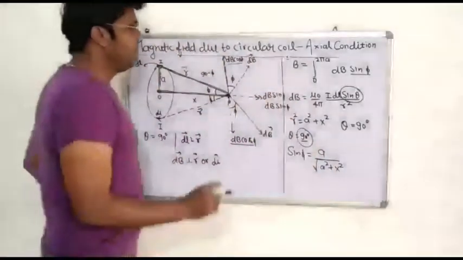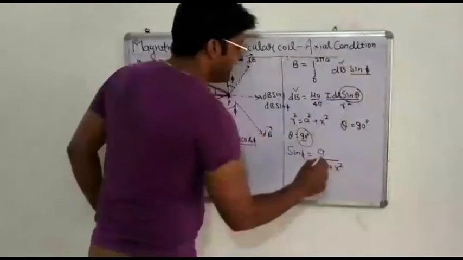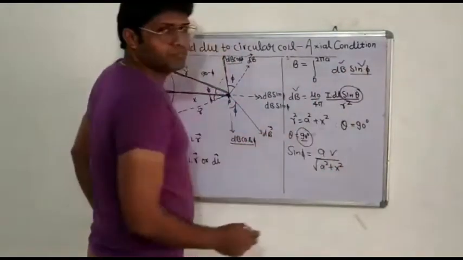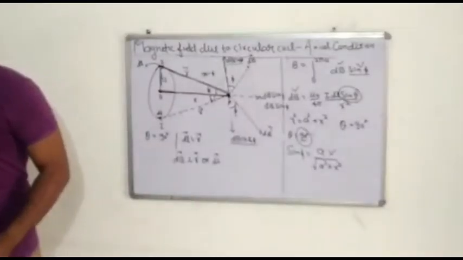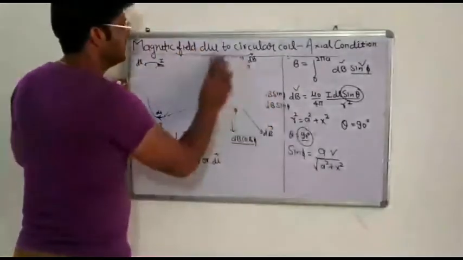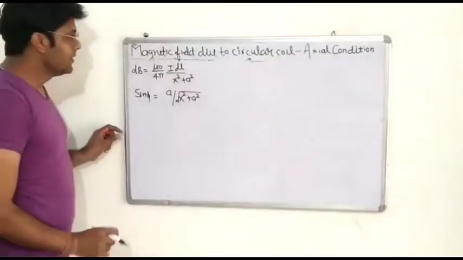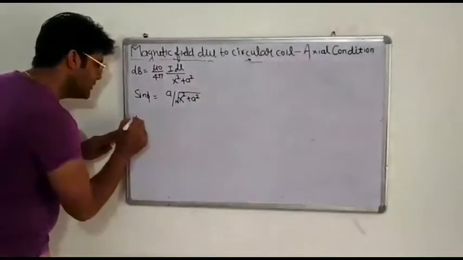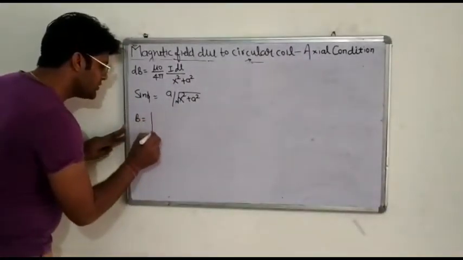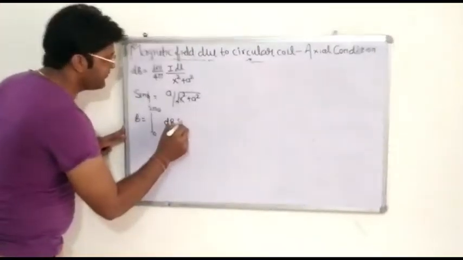So we will put these values here, the value of dB and value of sin phi. So our formula is B equals integral from 0 to 2 pi a of dB sin phi.